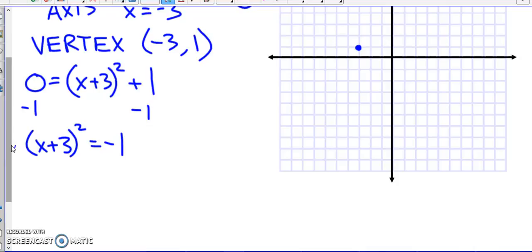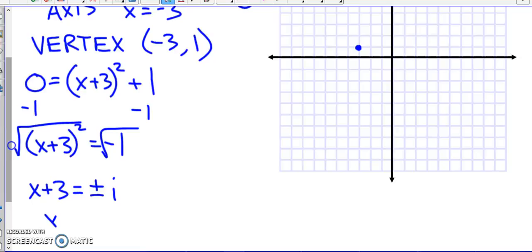So how's that going to work? You mean square root? So x plus 3 equals, what is the square root of negative 1? i.